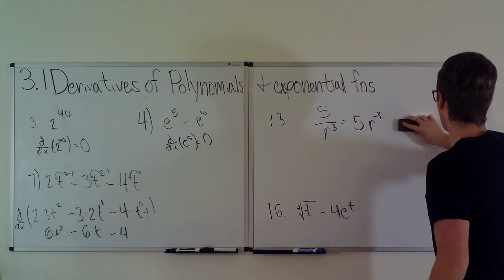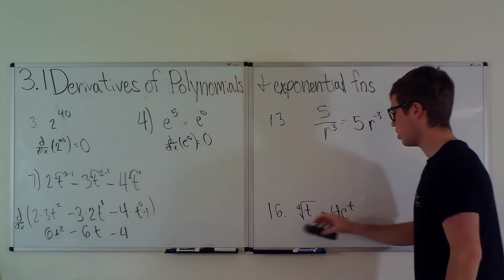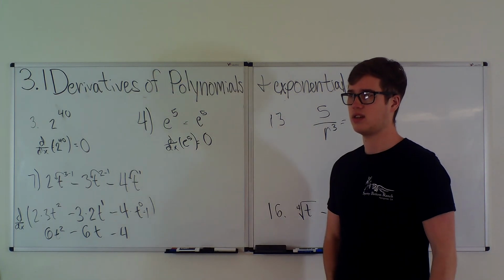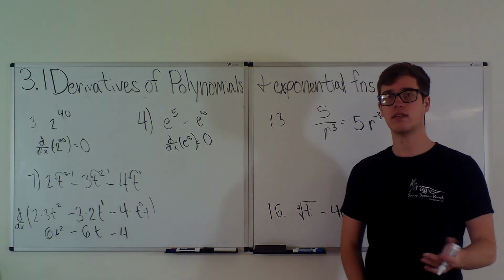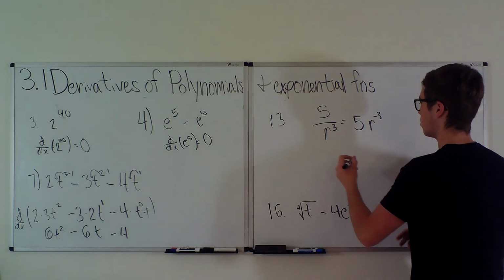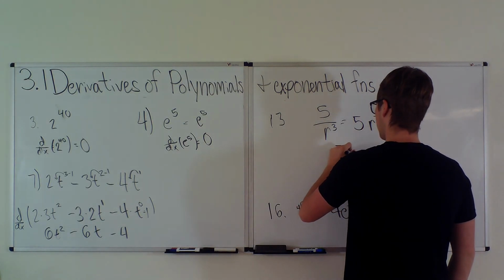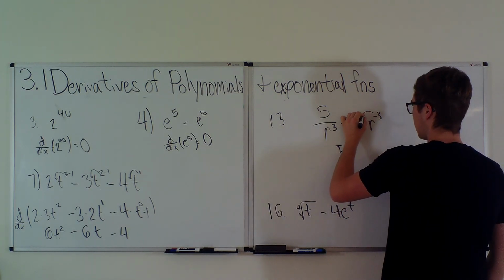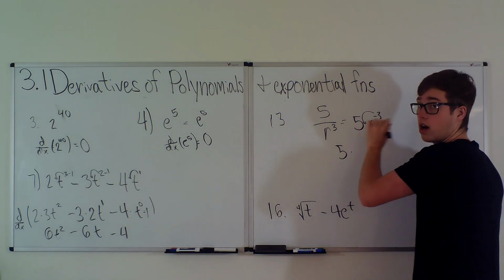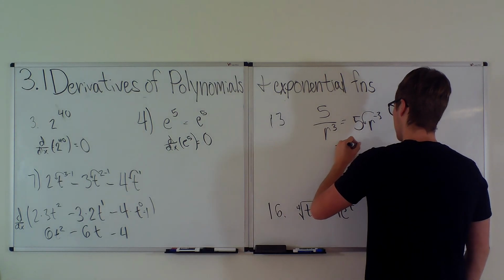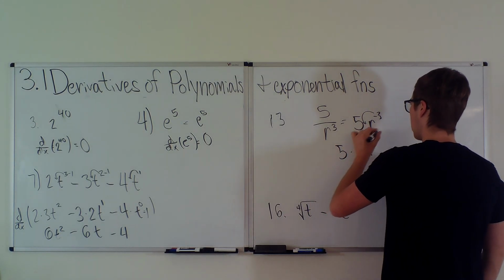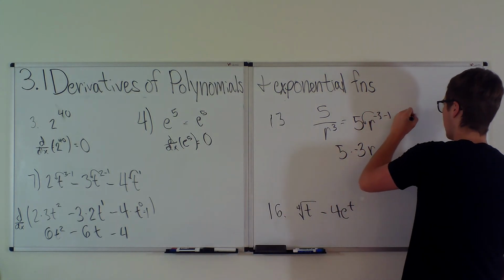So you have 5r to the negative 3. Well, negative 3, can you still do the power rule? Yes, of course you can. You bring the 5 out in front, and then you bring the negative 3 in front. You do not forget the negative sign. So then you have negative 3, r, and then negative 3 minus 1.